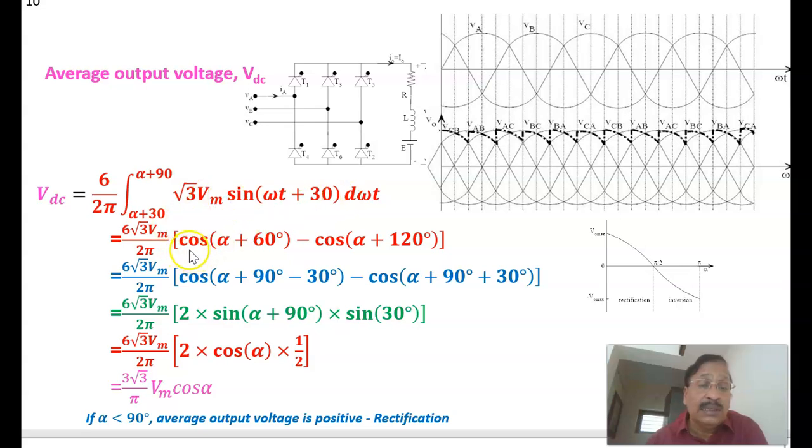Substituting that, we get cos of alpha plus 90 minus 30, that is alpha plus 60, minus cos alpha plus 120.